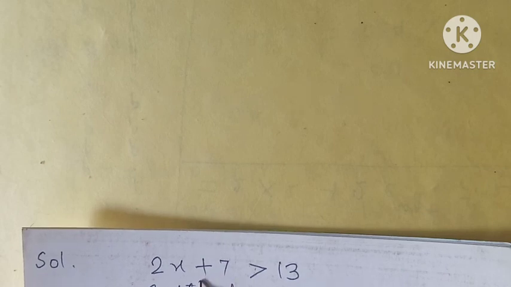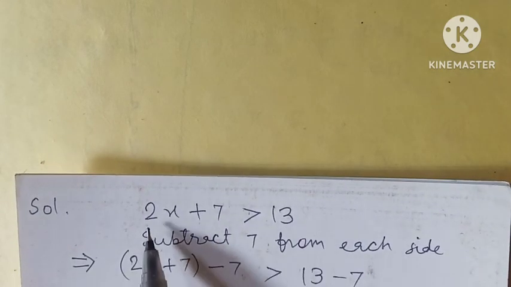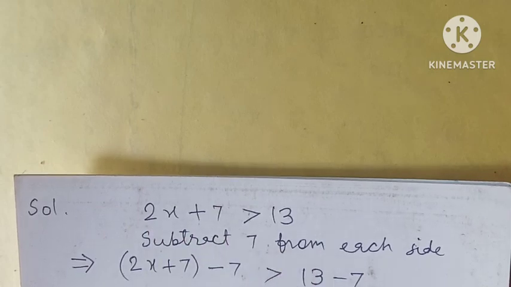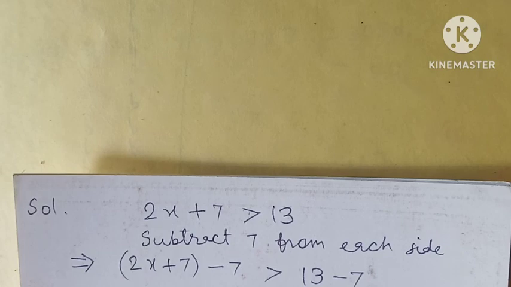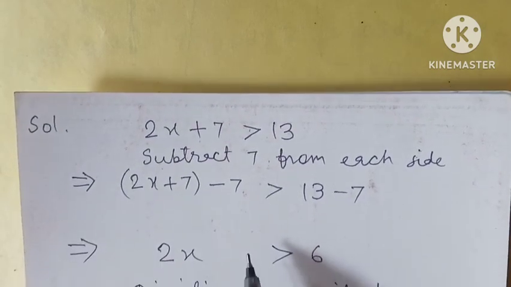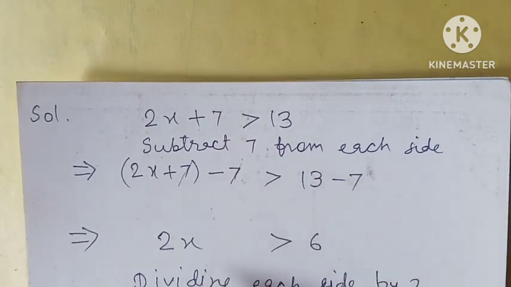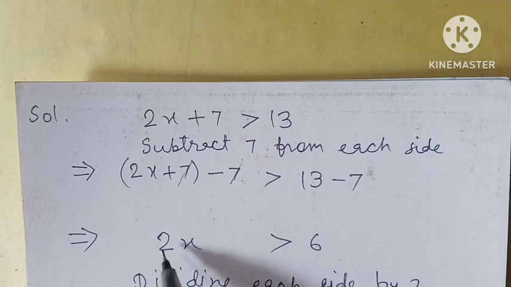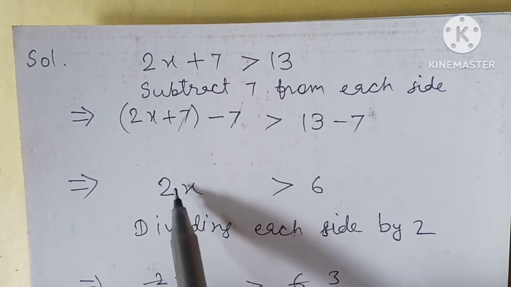So subtract 7 from each side. This is LHS 2x plus 7. Here RHS is 13. We have to subtract 7. So 13 minus 7. When we subtract, this 7 and this 7 cancel, so 2x is more than 13 minus 7, which is 6.